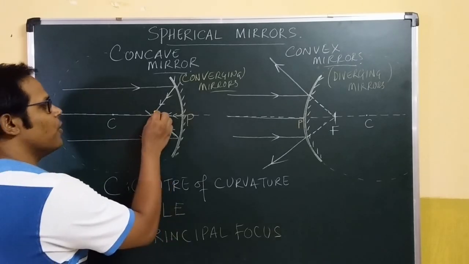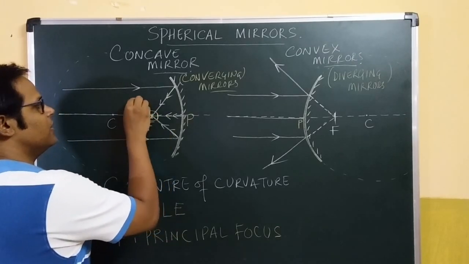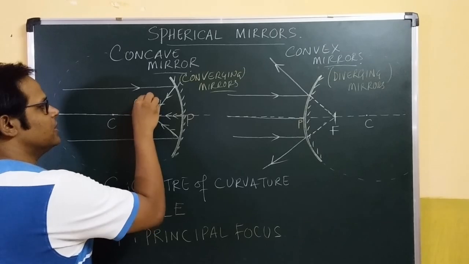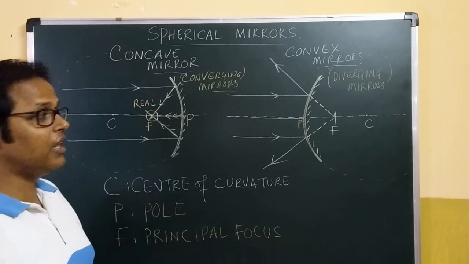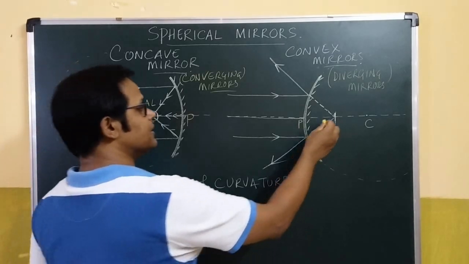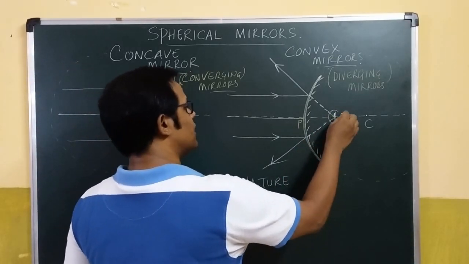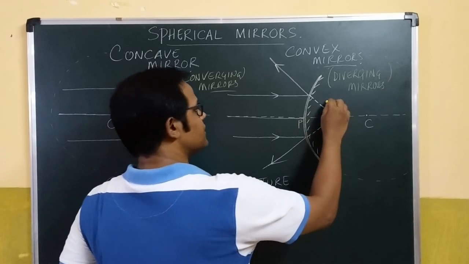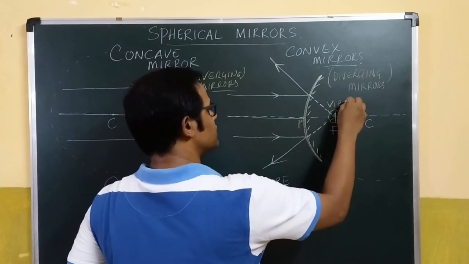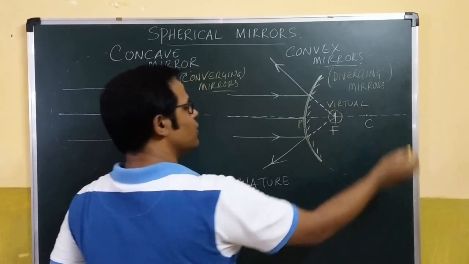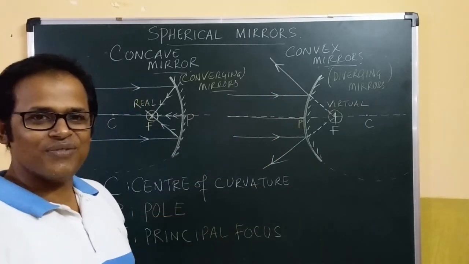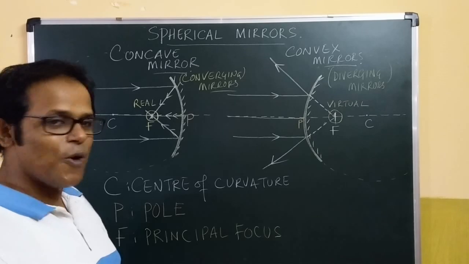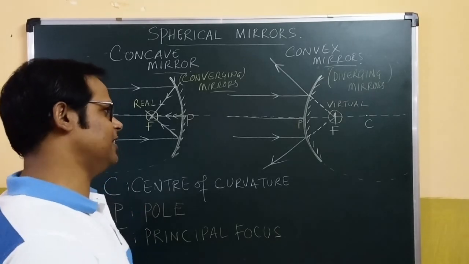Hence, this focus for a concave mirror, my dear students, remember, is also a real image, or we can call it a real focus, whereas on the other hand, the focus obtained for convex mirror is non-real, which we generally tend to call as virtual image or the virtual focus of the convex mirrors. Hope I'm very clear till here.